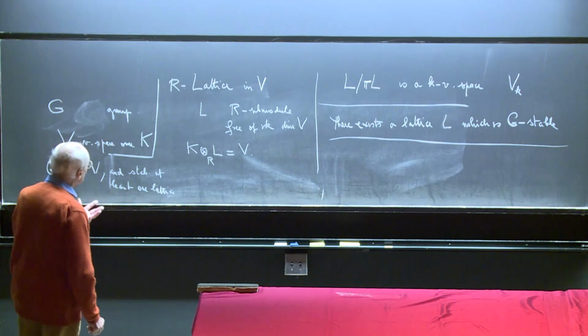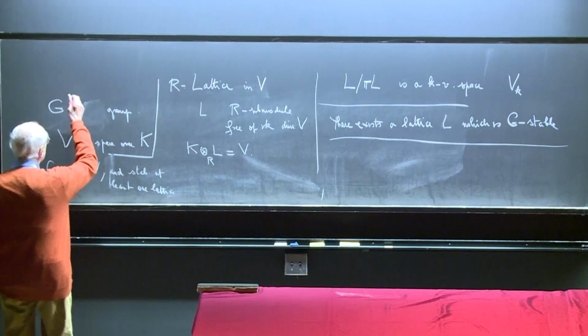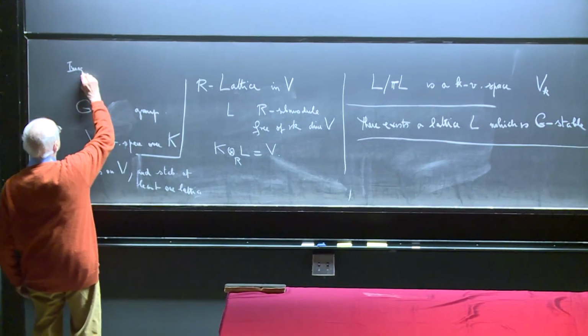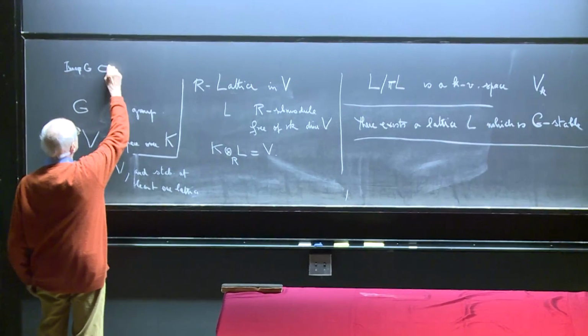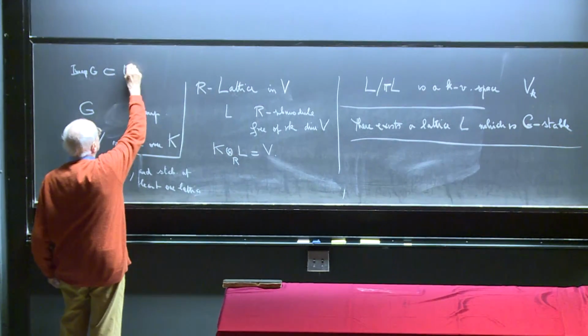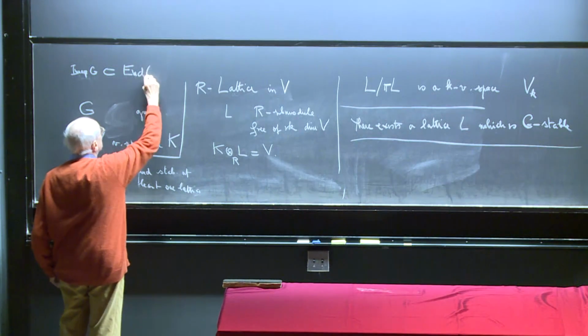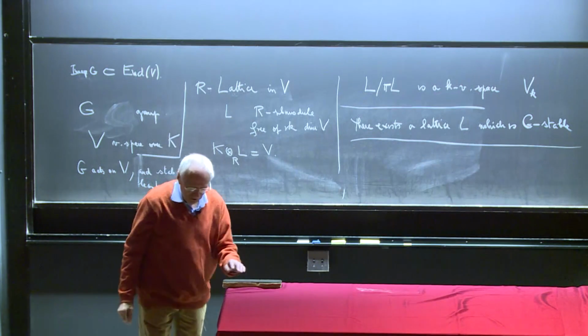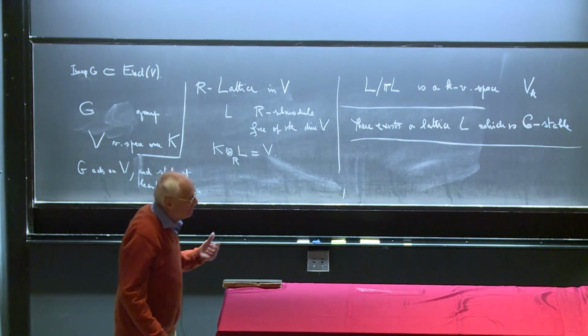There is an even simpler way of saying that. You could say that the image of G, well, in GL(V), but it is in End(V). And in a vector space over K, you have the notion of a bounded subset.